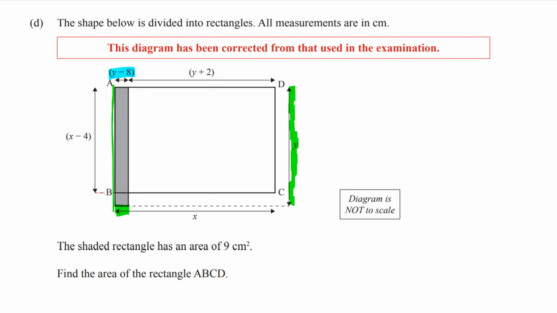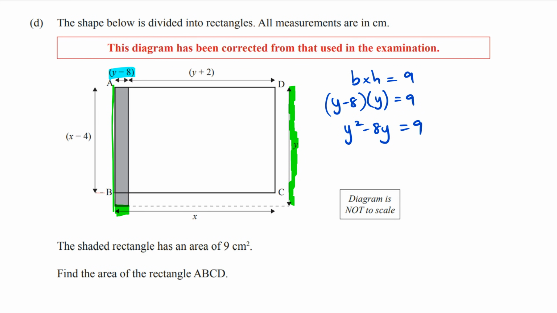So what we actually have is the first equation, which is base times height, which equals 9. Now the base is equal to y minus 8, and the height is equal to y, and this is equal to 9. So we can rewrite this as y squared minus 8y is equal to 9.